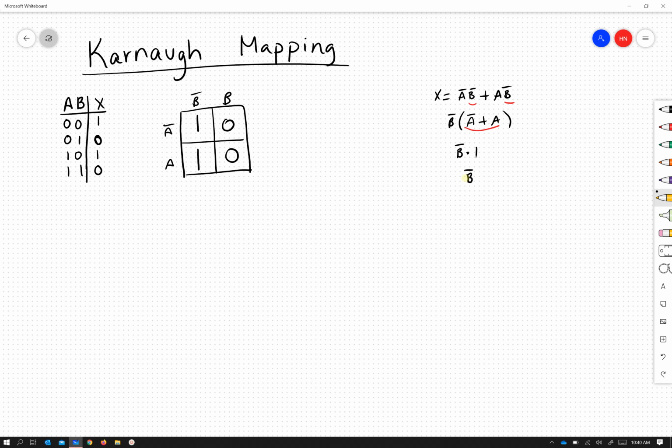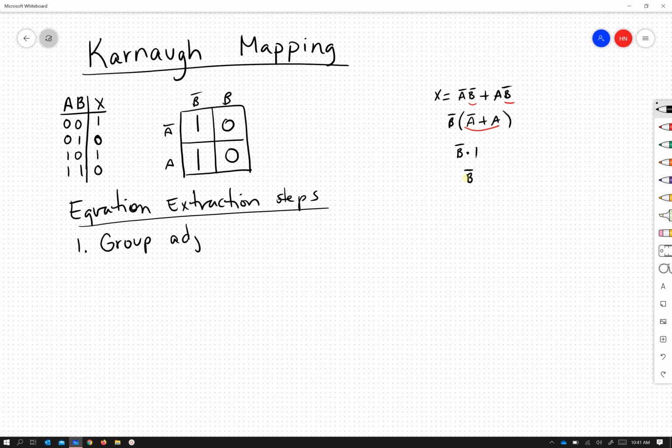Then what you do for the K-map is these are the K-map steps, or equation extraction steps, because that's the whole point, right? To get the simplified equation. So to get the equation, number one, you're going to group adjacent ones.